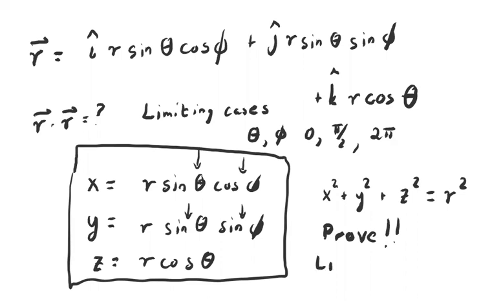And again, once you've written it down, go look at limiting cases to see that, in fact, these expressions are correct. What happens if theta is 0 and phi is pi over 2? Do these expressions give you the right values for x, y, and z? That's an important exercise to go through.